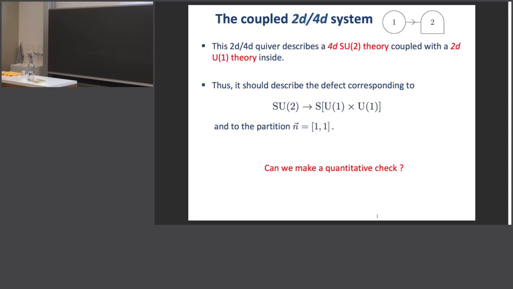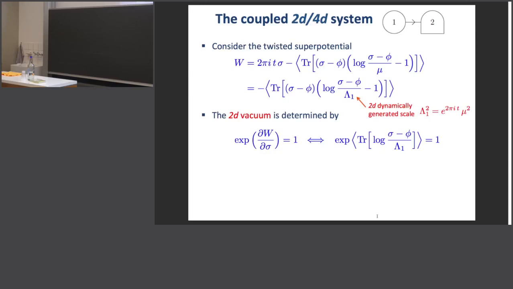And can we make a quantitative check of this? And yes, we can. And we can do this check by studying in detail this effective theory. So this is the superpotential, which I derived for you. And first of all, let me take advantage of the renormalization group equations to introduce, instead of the arbitrary ultraviolet parameter mu, the dynamically generated scale in two dimensions, lambda 1, for this U1 theory.